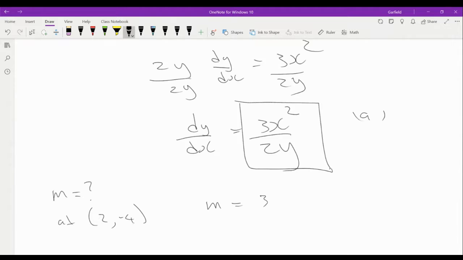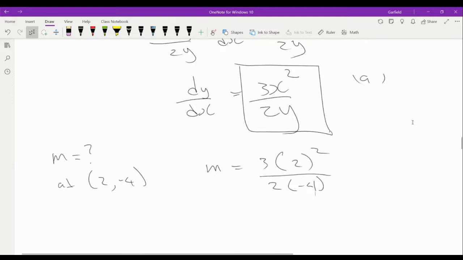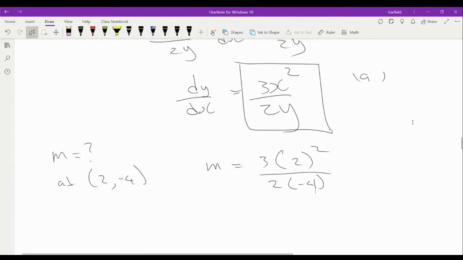So m is equal to 3 times 2 squared over 2 times negative 4. So notice we have to plug in both the x and y into this problem to find the slope. So what do we get for this?